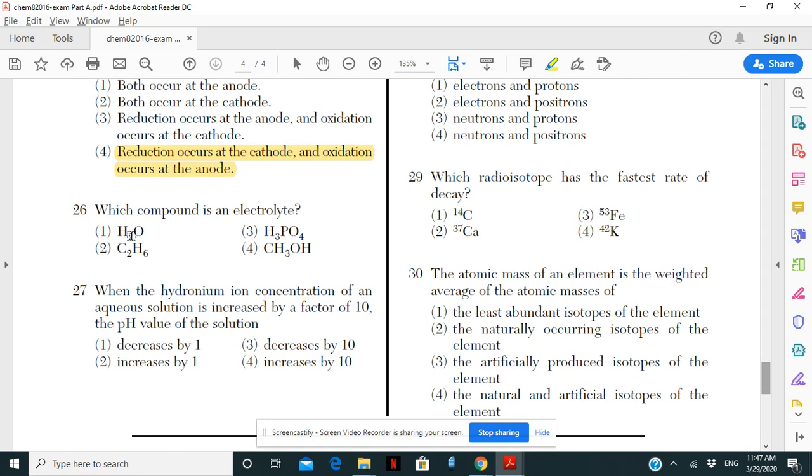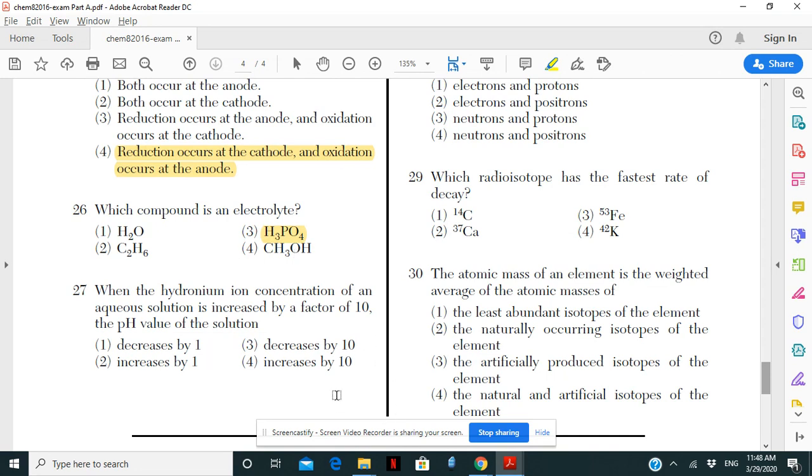And water is not an electrolyte, but if you look, that's an acid. So the answer should be 3, because we know an acid is going to give protons, and that's why I'm going to have positive and negative charges, and in that case, it's going to be an electrolyte. Electrolyte means a good conductor for electricity.